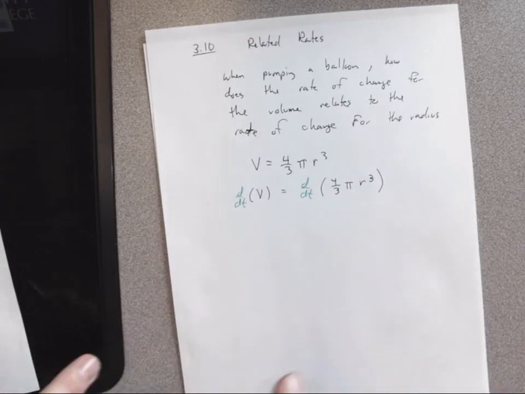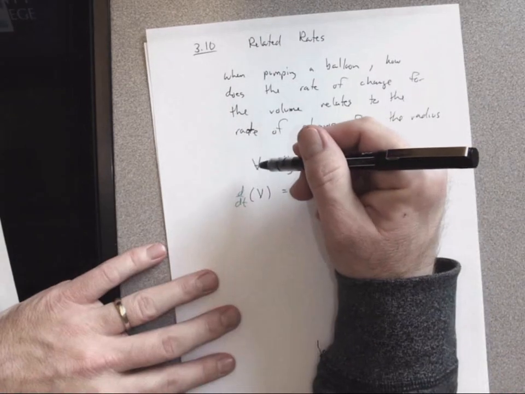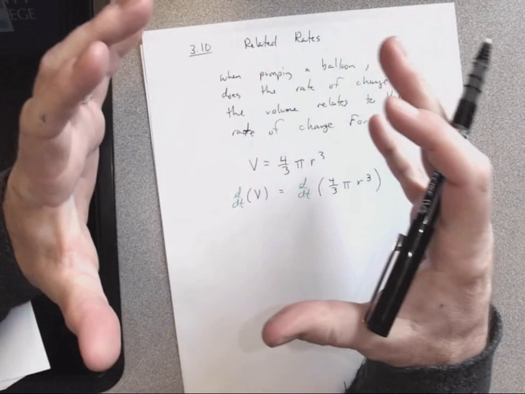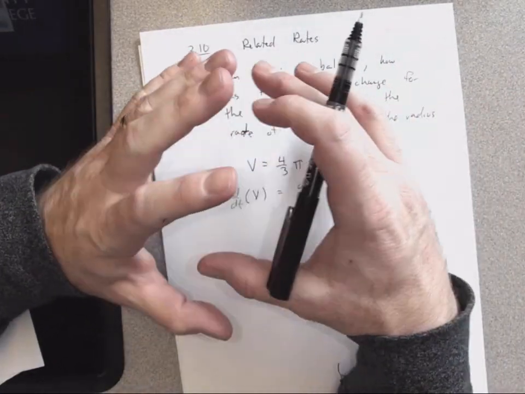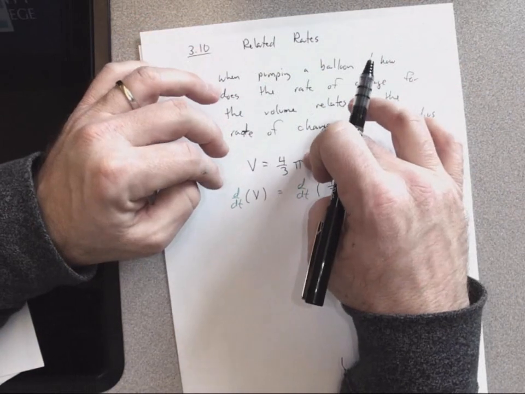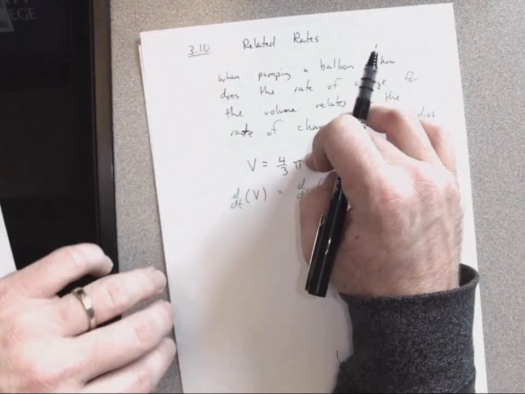Make sure that we know what are constants and what are variables. Technically, the volume is changing over time, so v is a function of time. And r is also changing over time, so r is a function of time as well.